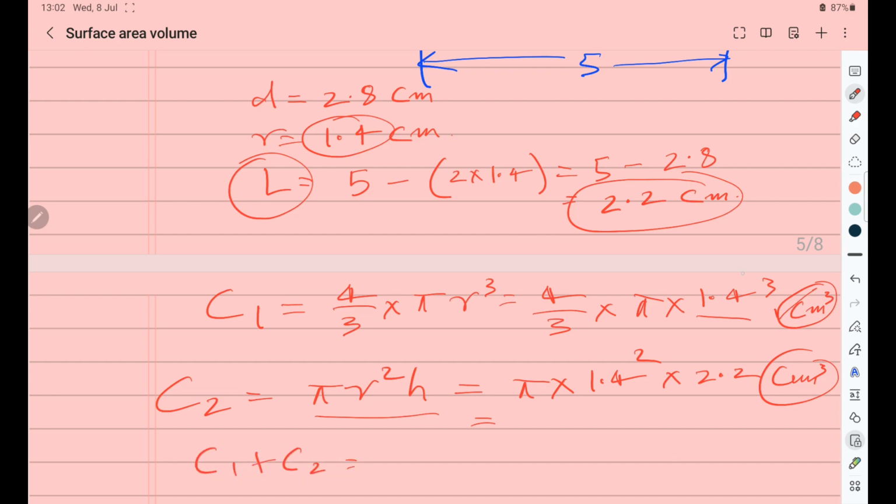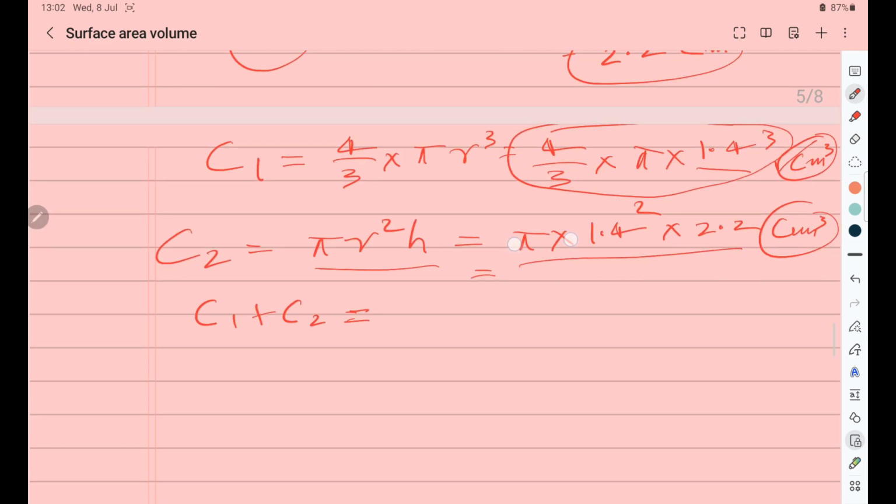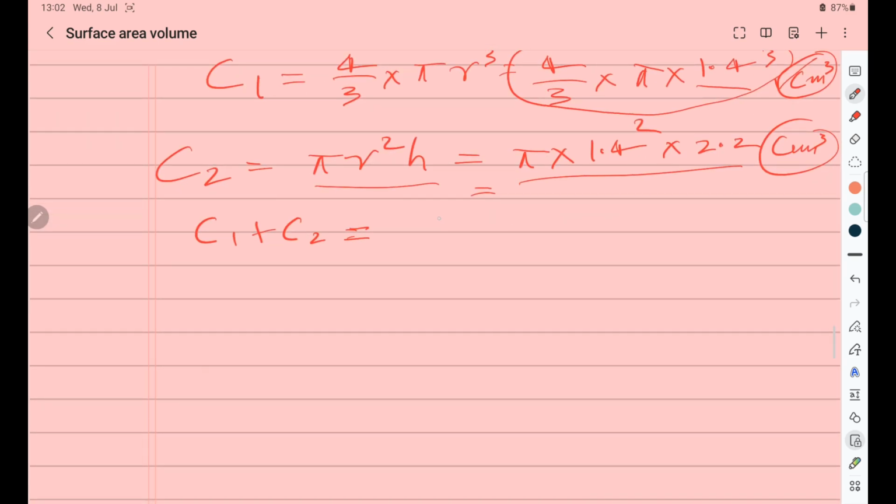Okay, so the overall volume of one gulab jamun will be the addition of this and this. When you have found it, let us say it is some centimeter cube, then you just multiply it by 45 because there are 45 gulab jamuns.